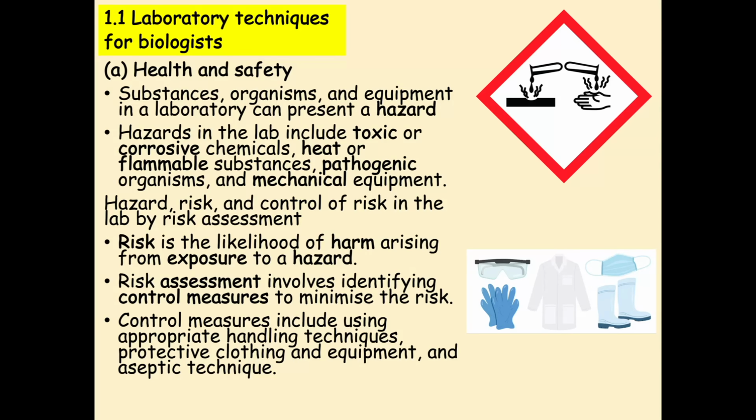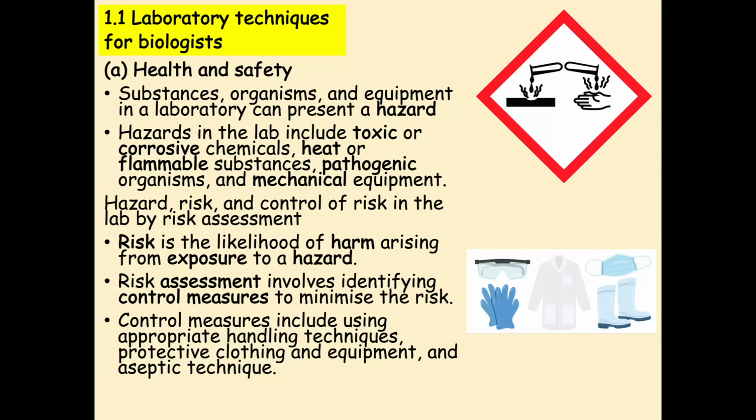The risk assessment that we have to write when we assess that risk involves identifying control measures to minimize that risk. Okay, and you can see a few of them on the screen here. Things like wearing safety goggles, protective clothing, protective masks, gloves, etc. All of these things will help minimize some of these risks when we're using some of these various hazards within the lab.